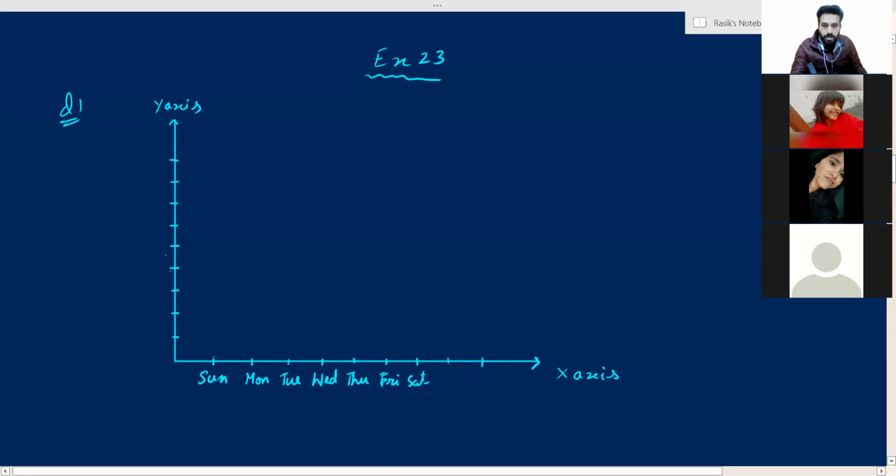divided the x-axis line, and we have represented it, marked it, labeled it with the days of the week. So you will just tell what these are. These are days of the week for which we are showing the maximum temperatures.